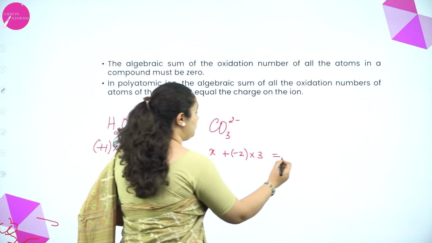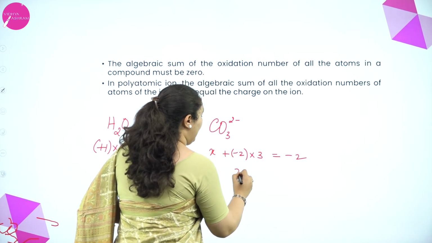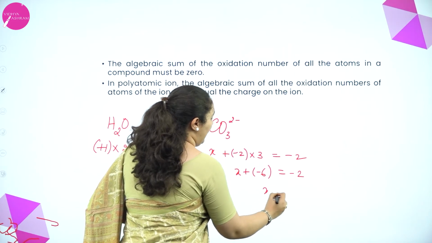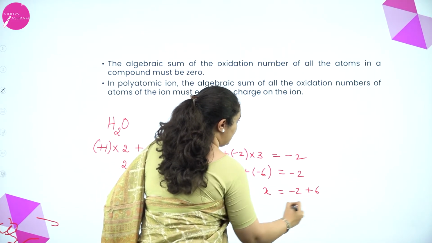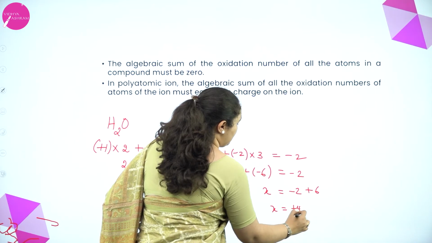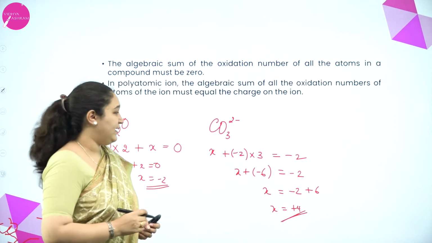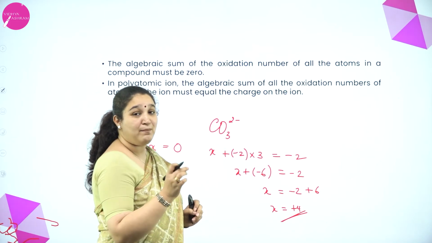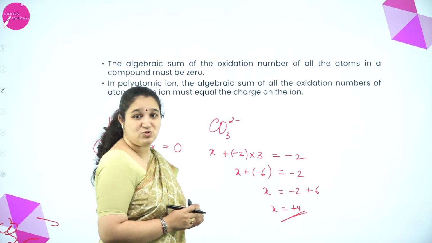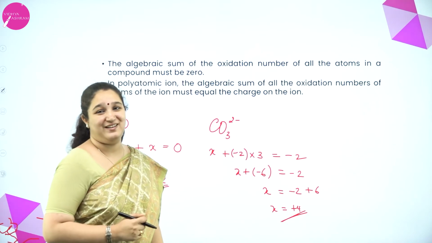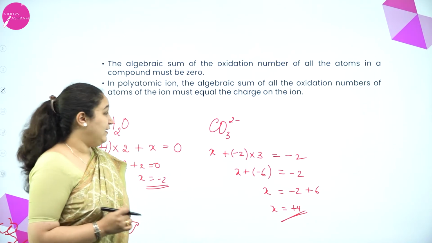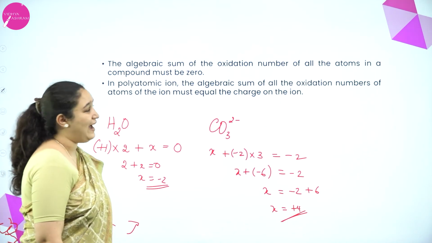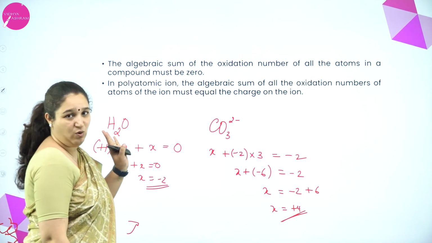So, X plus -6 is equal to -2. X is equal to -2 plus 6, so X is equal to +4. Now count and see: +4 and -6 is -2, and the charge is -2. So, what you have calculated is correct. So, understand, if it is a molecule, the algebraic sum of the oxidation numbers of all the atoms is equal to 0.